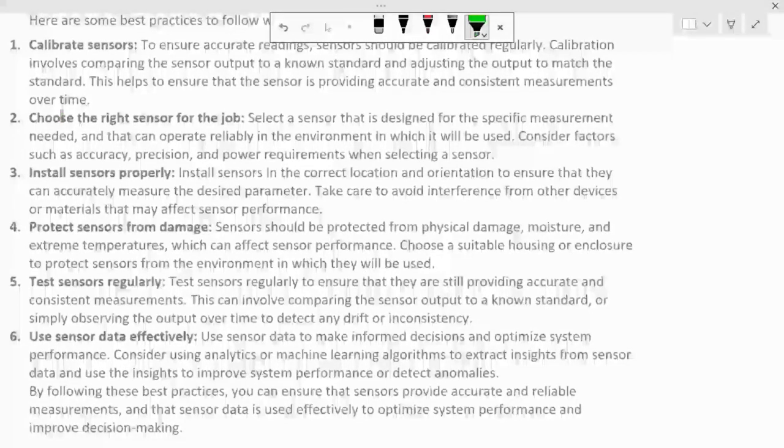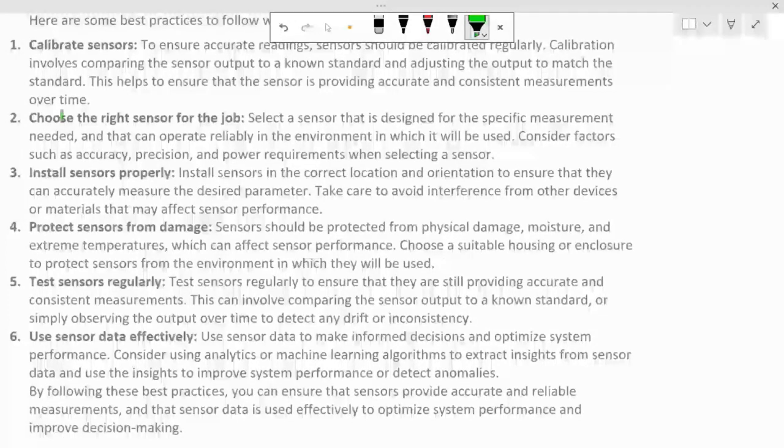Install sensors properly. Install sensors in the correct location and orientation to ensure they can accurately measure the desired parameter. Take care to avoid interference from other devices or materials that may affect sensor performance.